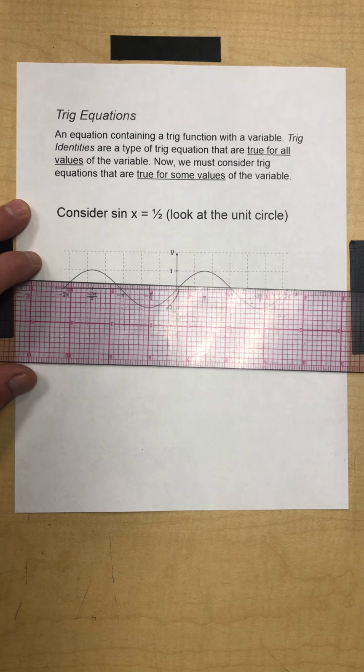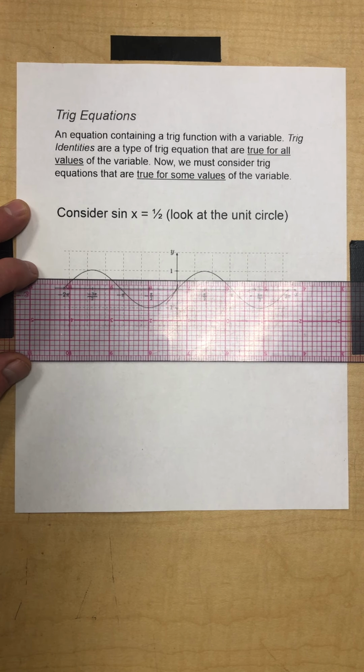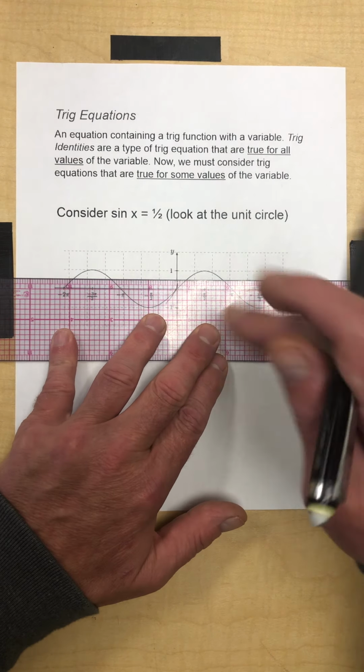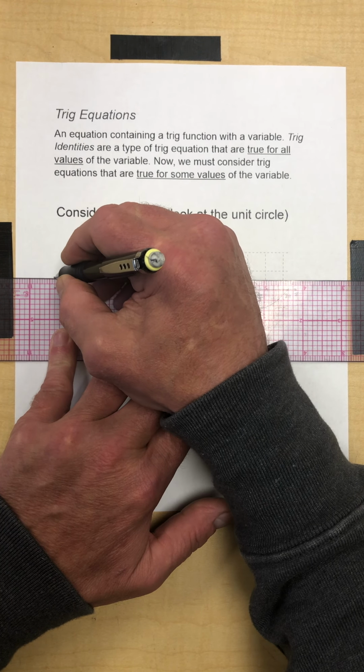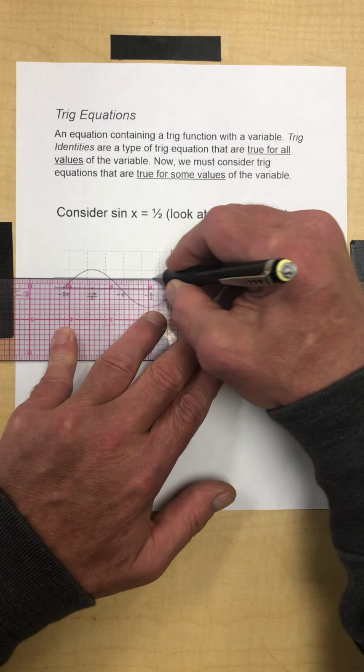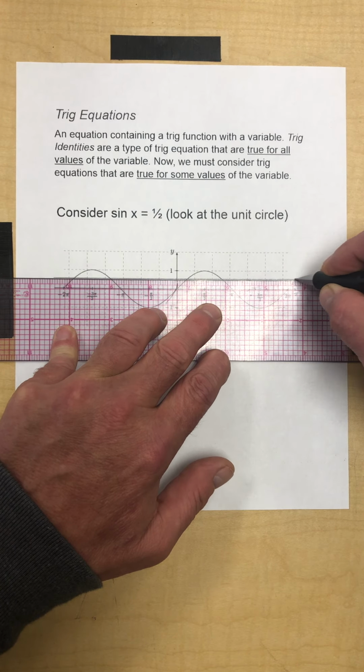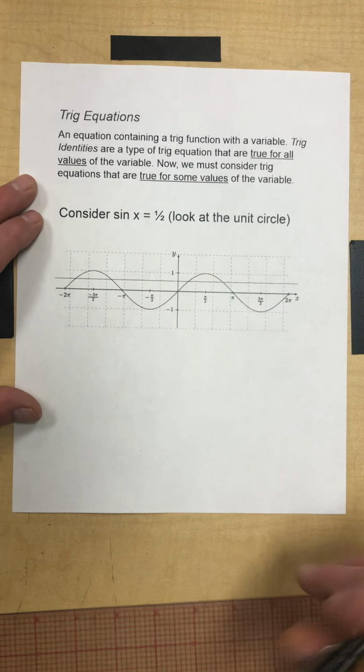Now, one of the ways to look at this is, what if we took a graph of sine of x and put a horizontal line through it at y equals 1/2?